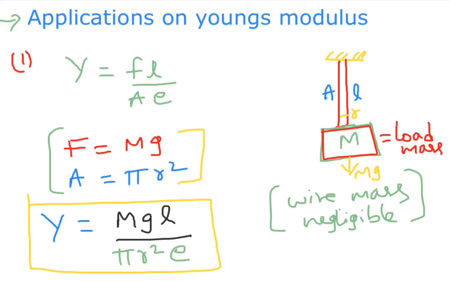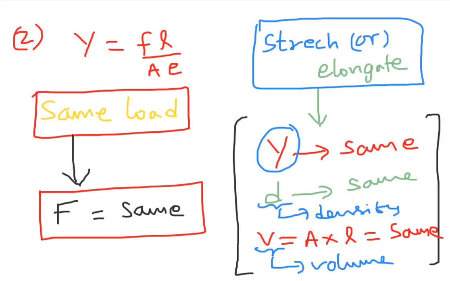Let us see the next one. Now we'll see what happens when a wire is stretched or elongated. During stretching or elongation, the nature of the material of the wire will not change. That means Young's modulus is the same, because Y indicates Young's modulus.